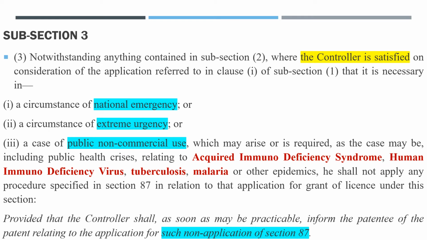Just listen carefully. Okay, where the controller is satisfied upon consideration of the application that it is necessary in case of national emergency, extreme urgency, public non-commercial use, including public health crisis such as relating to AIDS, HIV, TB, malaria or any other epidemics, he shall not apply the procedure as specified in section 87, provided that the controller shall, as soon as practicably possible, inform the patentee for such non-applicability of section 87.